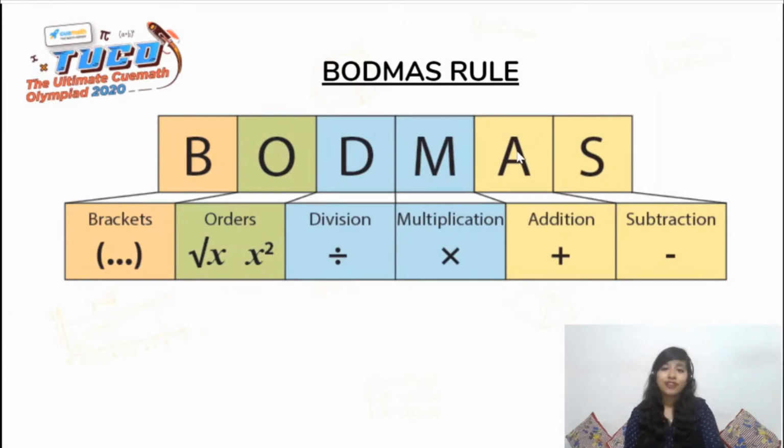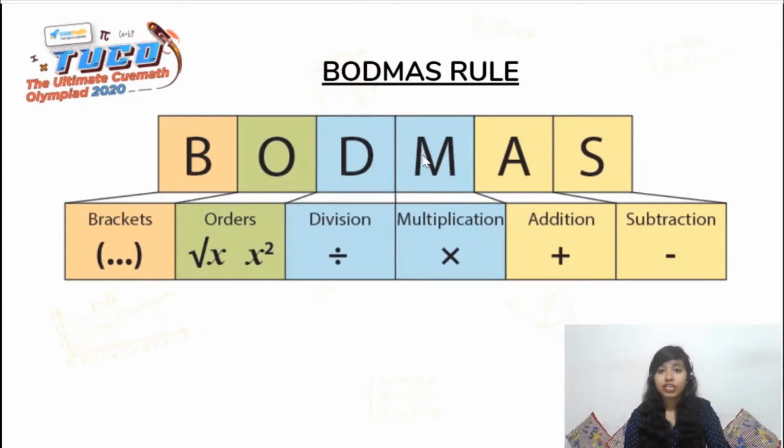So when you're solving an expression from left to right, out of division and multiplication, whichever occurs first, you can go ahead with that operation. The same goes for addition and subtraction. Whichever occurs first when going from left to right, you can perform first.